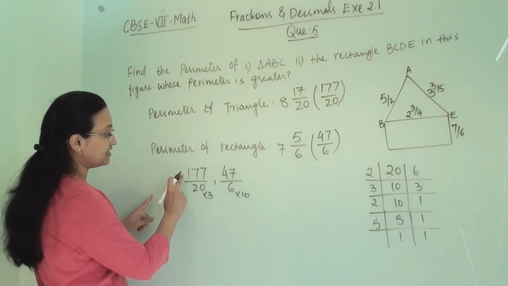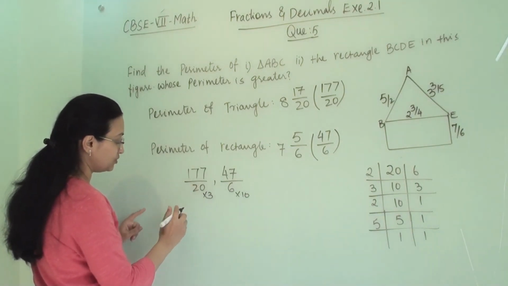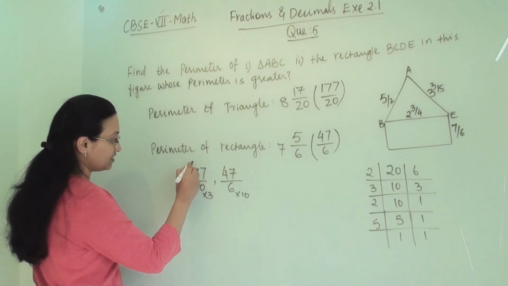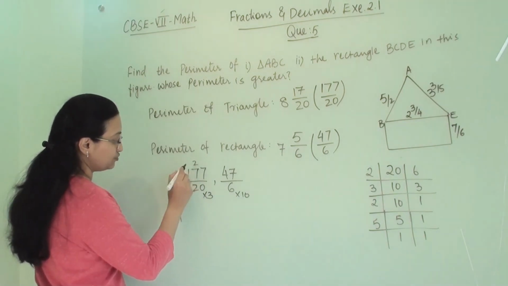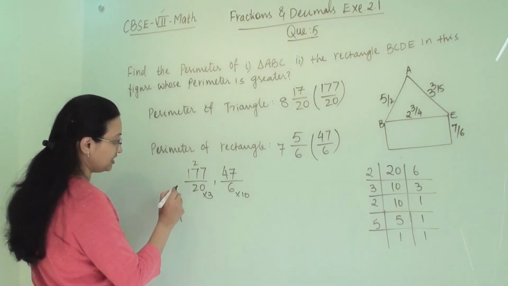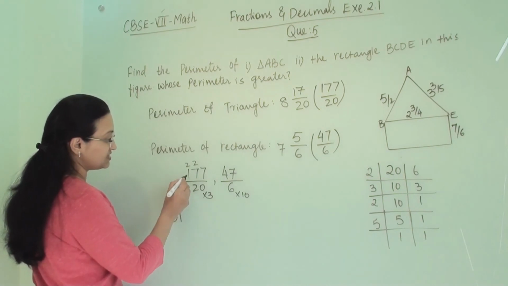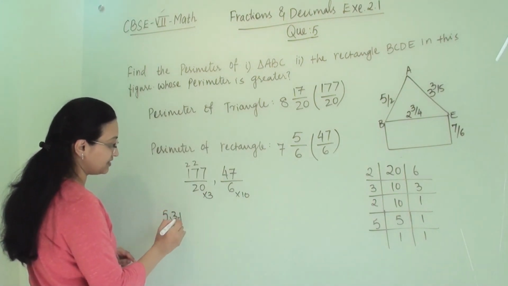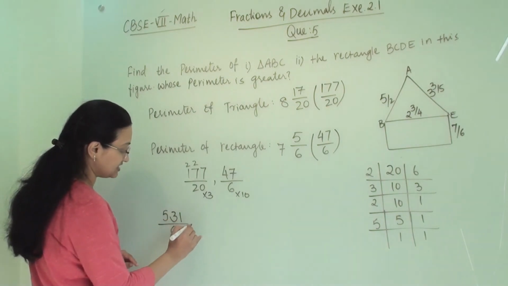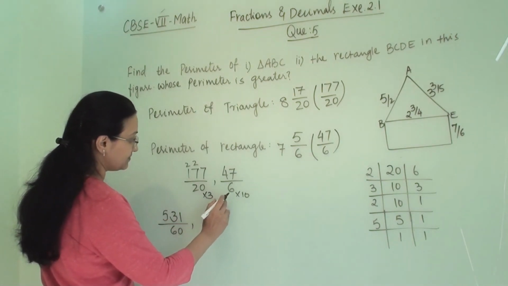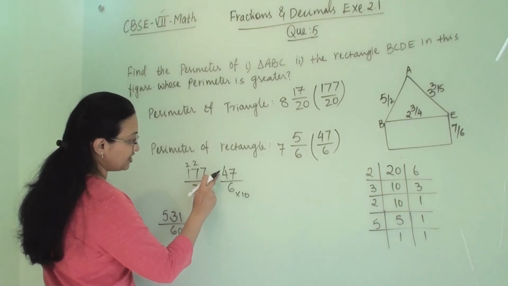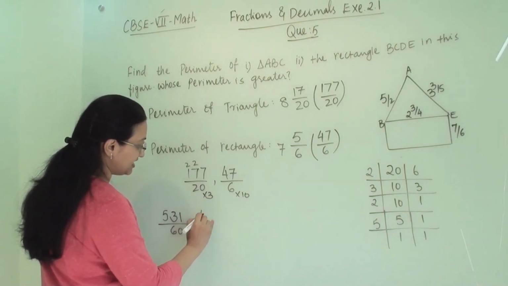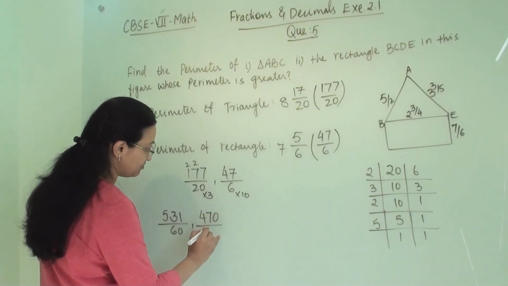So 177 into 3 we will get 531 divided by 60, whereas here 47 into 10 gives 470 divided by 60.